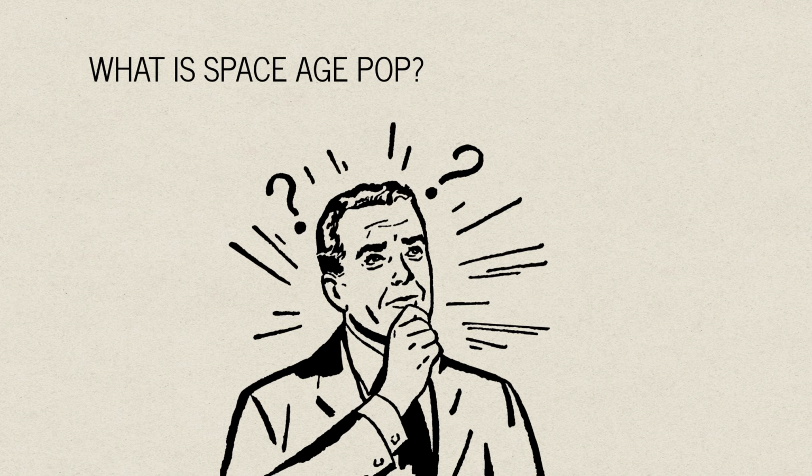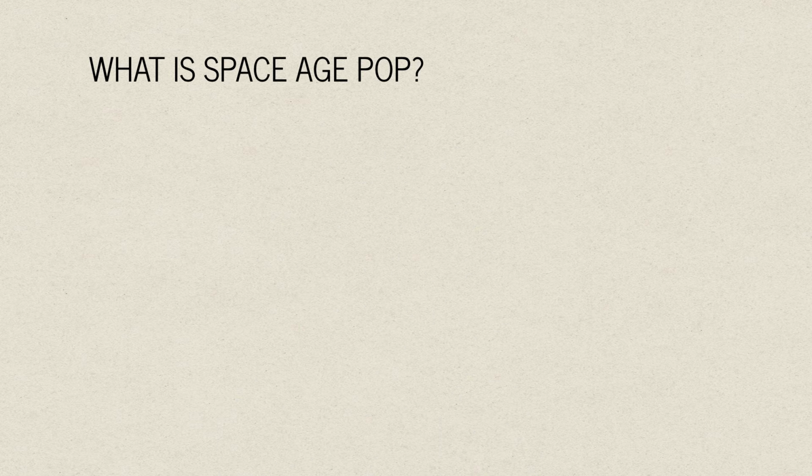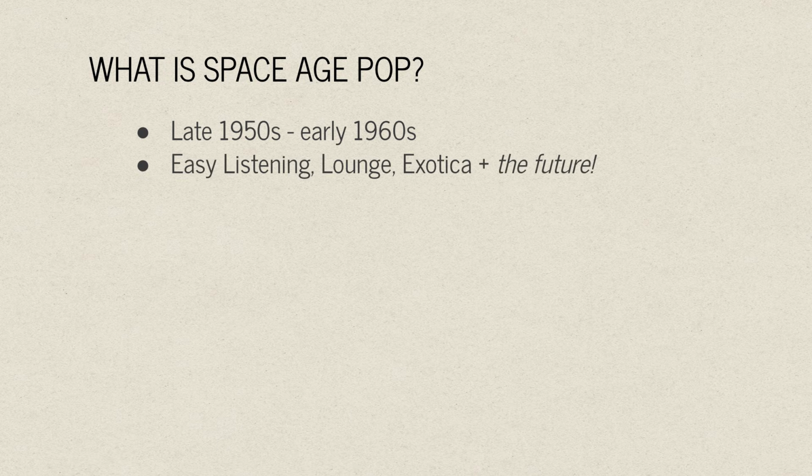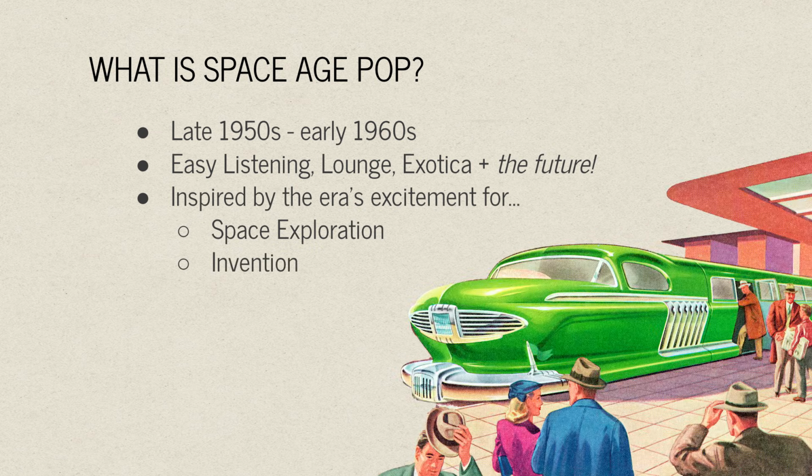So what is space age pop? Well, it's a genre of music from the late 1950s and early 1960s that blended other genres such as easy listening, lounge, and exotica with futuristic themes. It also is sometimes known as hi-fi bachelor pad music or just lounge music, and it was inspired by the era's excitement for space exploration and invention and new technology.